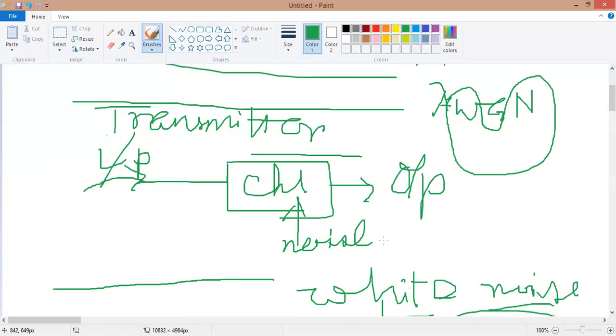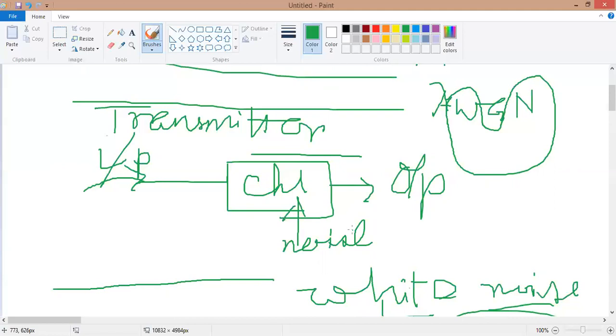If I consider external noise like atmospheric noise, some lightning, some thunderstorm, all those things are most important, because random variation may be generated due to all those circumstances, and you will get some variation in terms of frequency component.